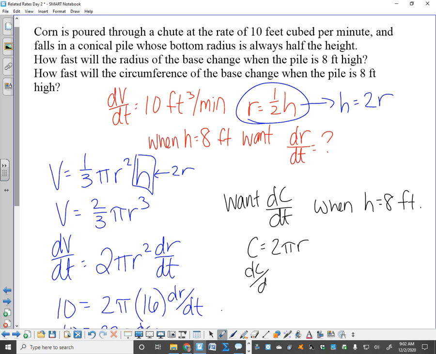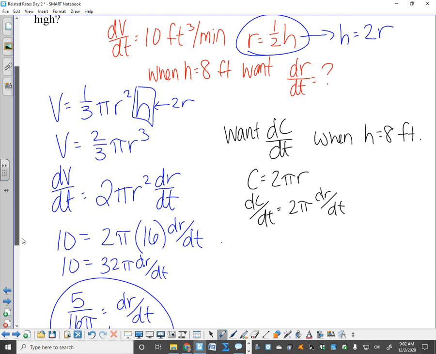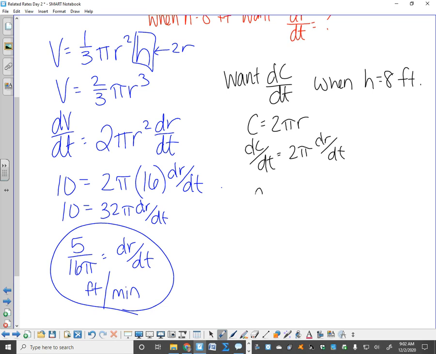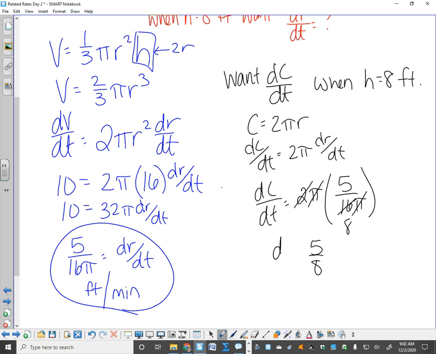So I'm going to go ahead and do dc dt equals 2 pi dr dt, and I found dr dt, so dc dt equals 2 pi times 5 over 16 pi. Pi's are going to cancel, and the 2 and the 16 is 8, so 5/8. Circumference is a linear measurement, so this is also in feet per minute.